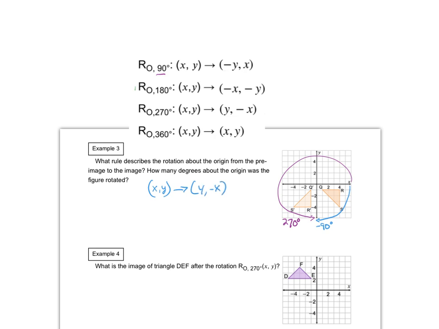And if we look at one of those points, if we pick point R, it is (4, -1). And it mapped to R prime, which looks like (-1, -4). If you look and see what happened, my old y value is now my x value, just like it calls for.